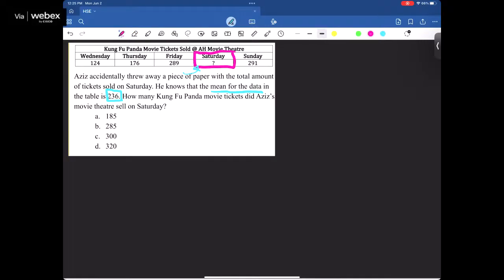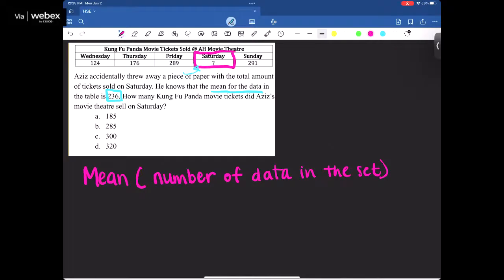Step number 1 is to take the mean, which is the same thing as the average, and multiply the mean times the number of data in the set. So let's see how many numbers are in this data set, including the missing number.